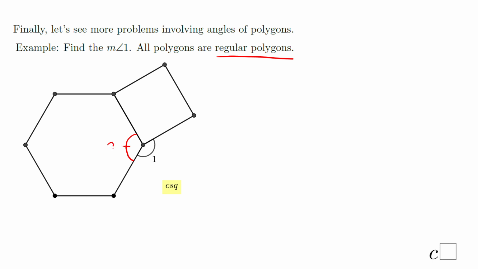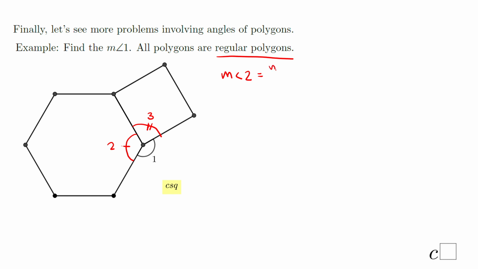I'm going to call it 2. And these angles, which I'm going to call 3. And you notice the sum of the measure of these 3 angles is going to be 360. But how are we going to find angle 2? Measure of angle 2. That is an interior angle for that hexagon.